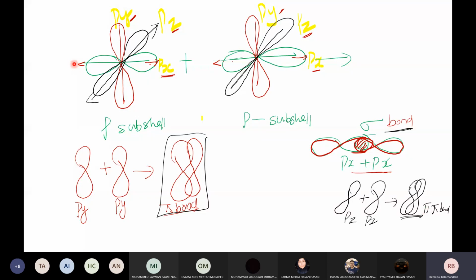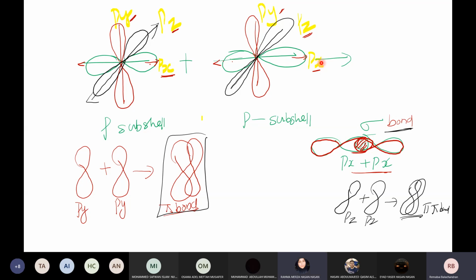Suppose the y-axis is taken as the internuclear axis, then py plus py will give a sigma bond, and px plus px will give a pi bond. pz and pz will also give a pi bond.